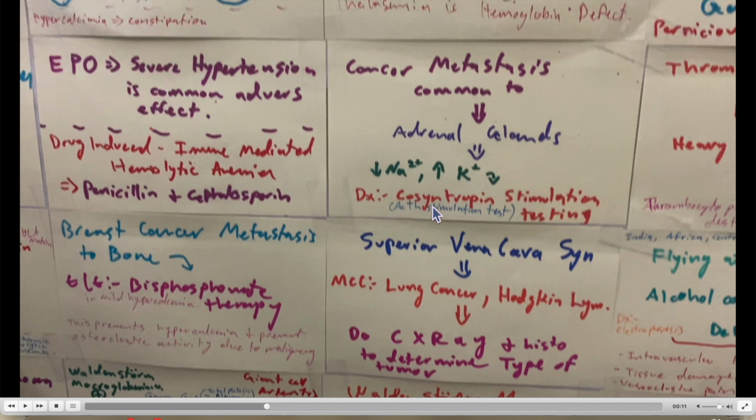That's what this is. Okay. Cancer metastasis is common to adrenal glands, and it's seen from hyponatremia and hyperkalemia, and diagnosis is made by doing cosyntropin stimulation test or ACTH stimulation test. Okay.